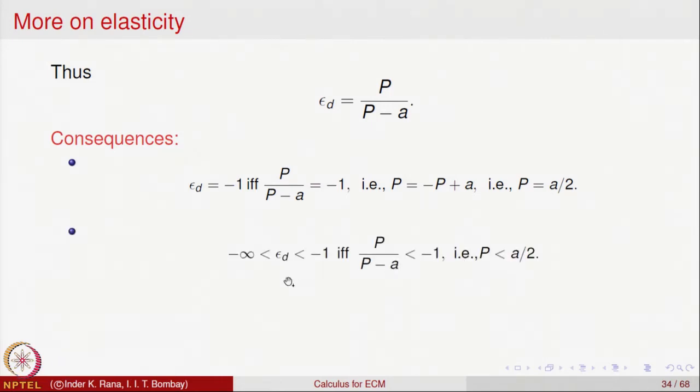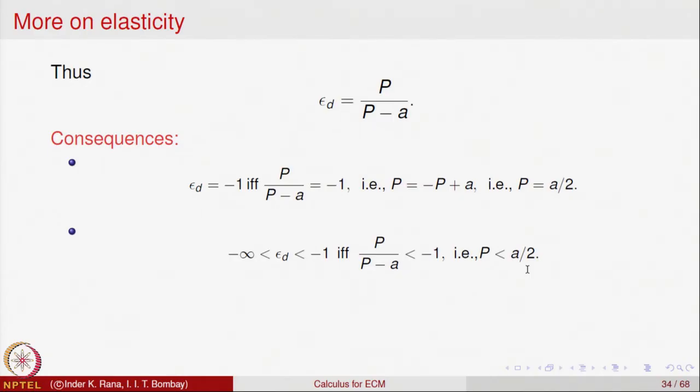Next possibility, when epsilon d, the coefficient of elasticity, is between minus infinity and minus 1. It is less than minus 1, and we saw it is very responsive. In terms of the price, if we put the value, P divided by P minus A is less than minus 1. So, that means P is less than A by 2.